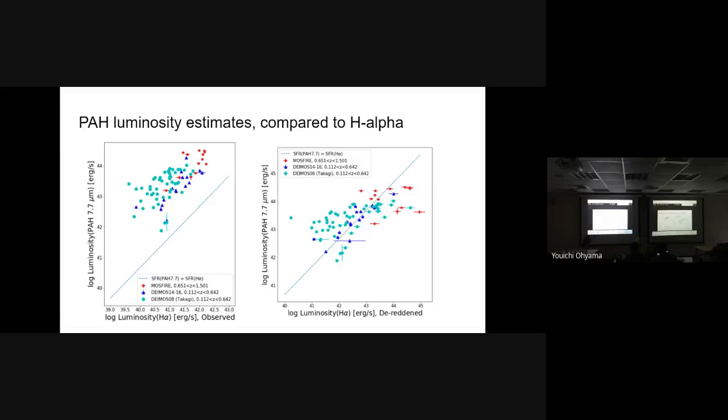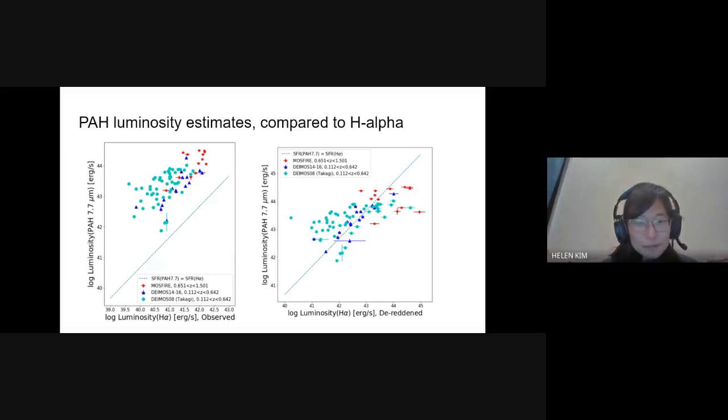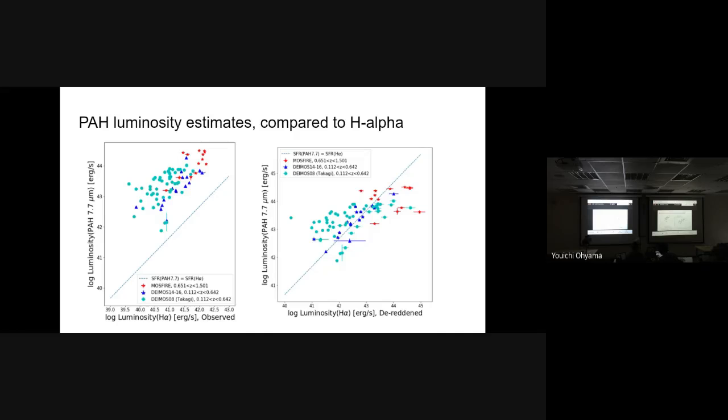Helen, did you hear my question? Sorry, can you repeat your question? Yeah, so on the right side of the plot, it's not X equals Y. So does that mean it's luminosity dependent, maybe the PAH to star formation rate conversion?